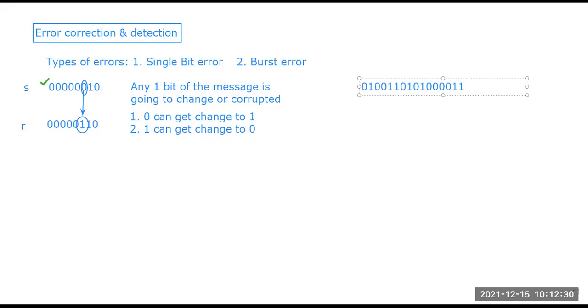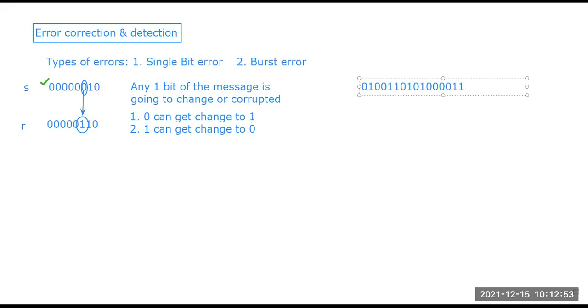When this longer data transmission is happening, the noise can affect the data bits, and then the number of corrupted bits can be high. So minimum 2 or more than 2 bits can be changed.